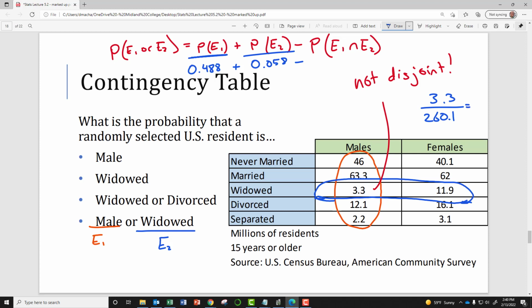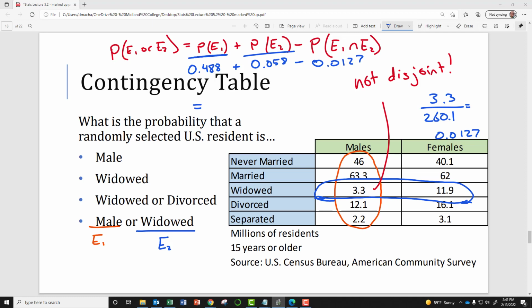And when I do 3.3 divided by 260.1, we're talking about 0.0127.